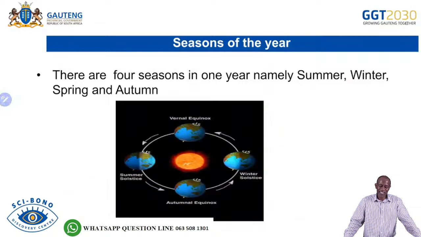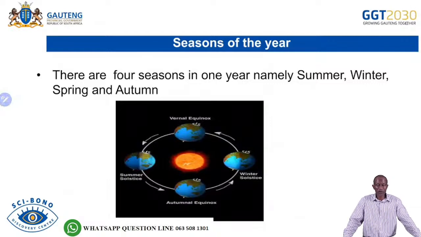I've expressed the notion that if it's summer in the north, it is winter in the south. And what brings us to that conclusion is the availability of the 0 degrees latitude, which is our equator.